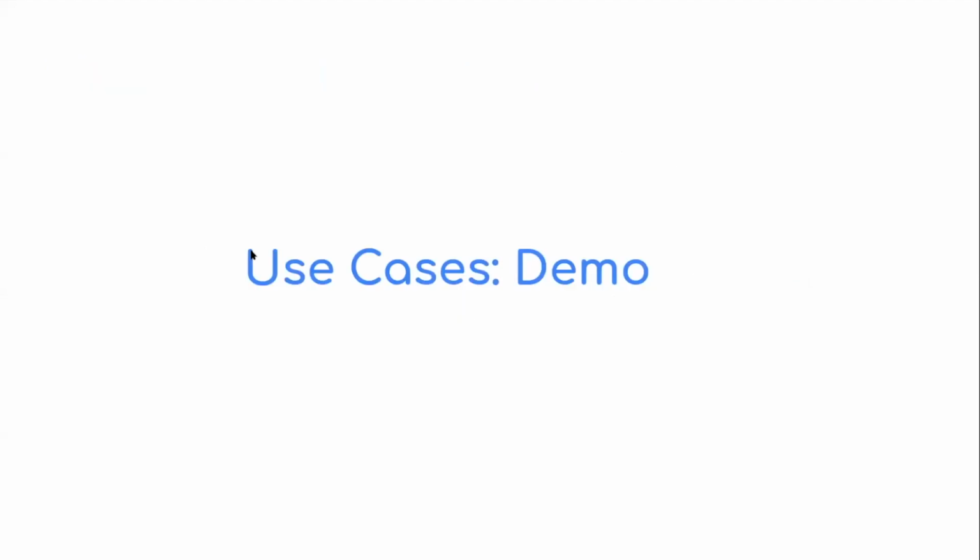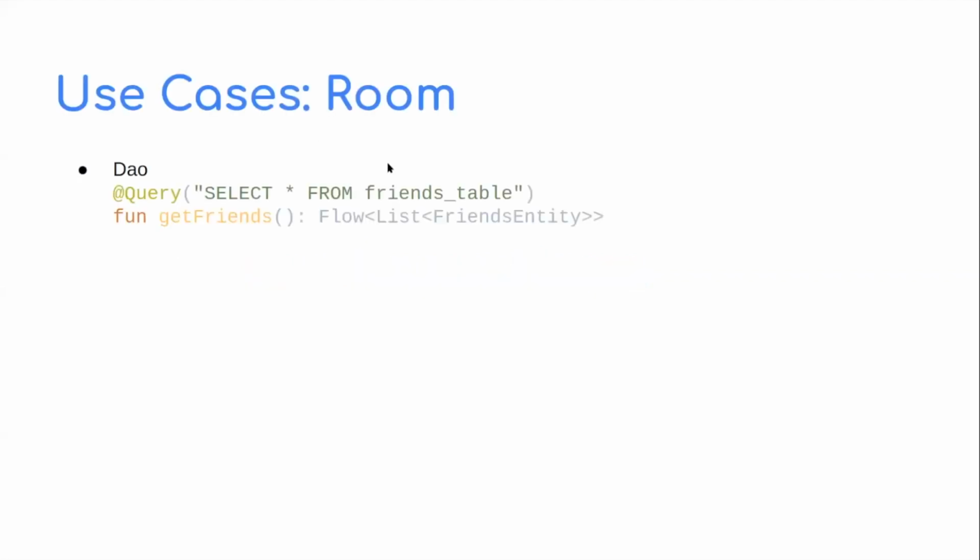So where can we use flow, shared flow, and state flow? Room. Let's say we are using our Room database. We can get flows of data by wrapping our result in a flow.